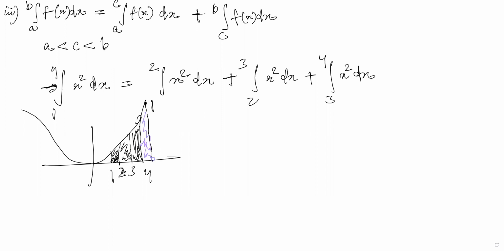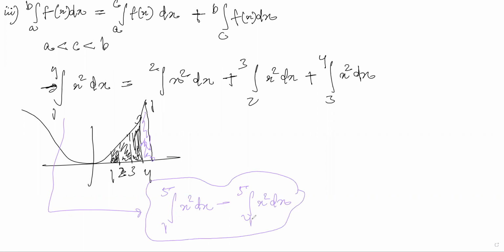So first I would have calculated from 1 to 5, and then I would have calculated 4 to 5 and subtracted both of them. So I could have written it in this way as well, that integral 1 to 5 x squared dx minus integral 4 to 5 x squared dx. That is for your interpretation. I would not do it because that is a long process, right? I will not do it.